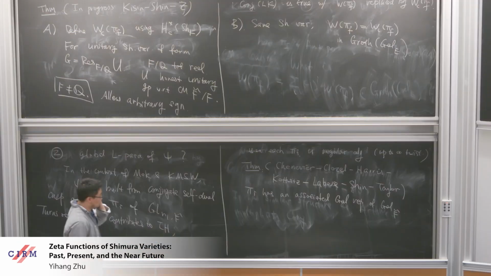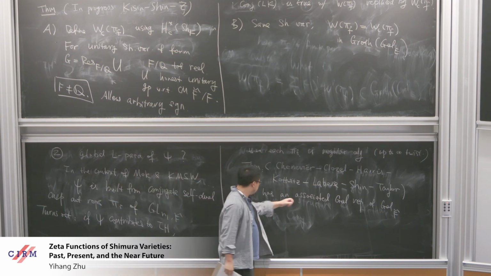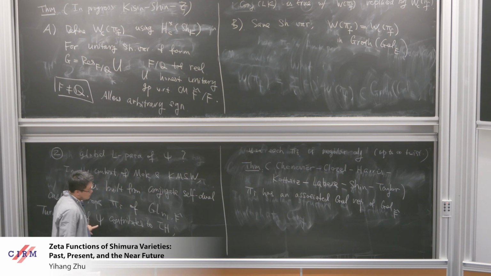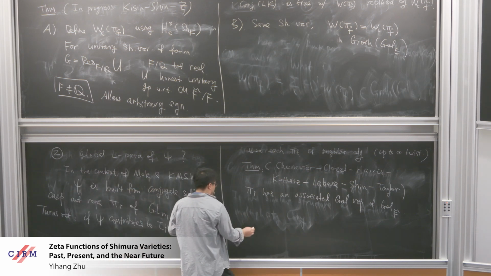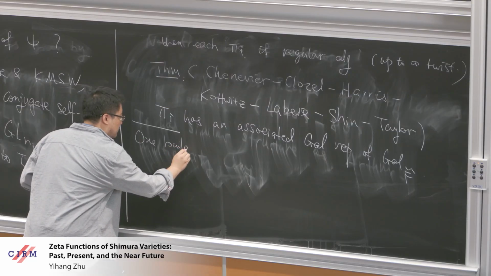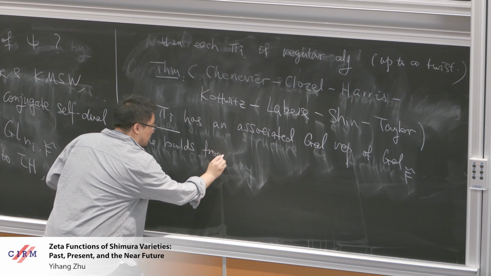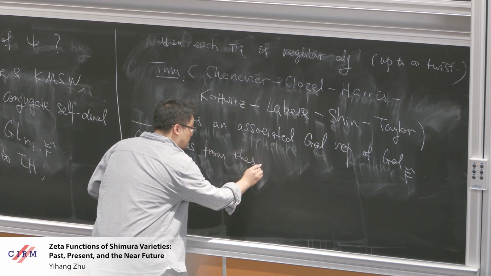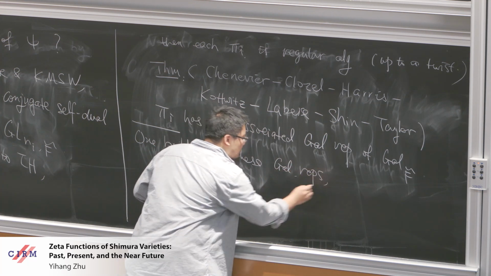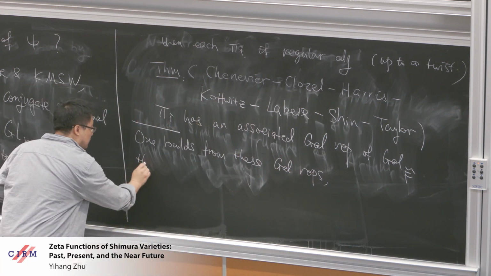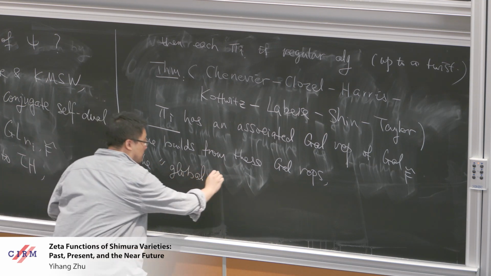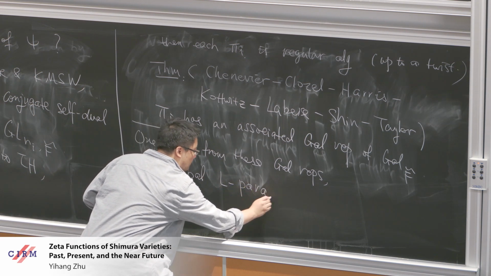So essentially built from these associated Galois representations of the pi_i's, one builds the so-called global L-parameter of psi, the desired global L-parameter.